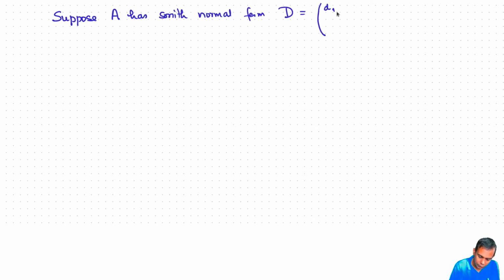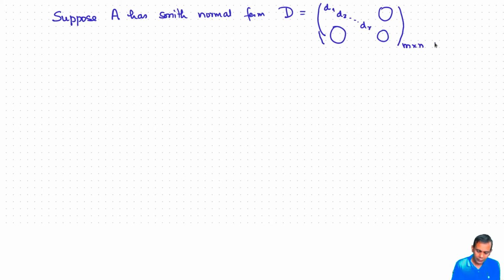So suppose A in Smith normal form, let's call it B, with diagonal entries d1, d2, ..., dr, and then zeros everywhere else.